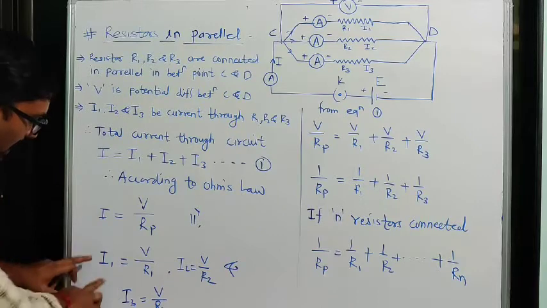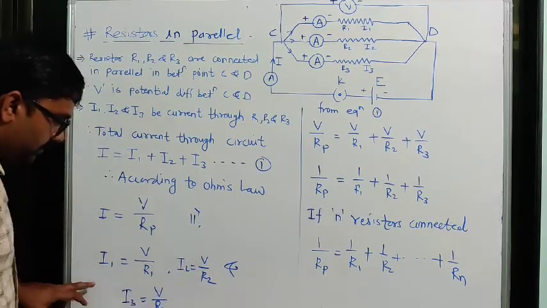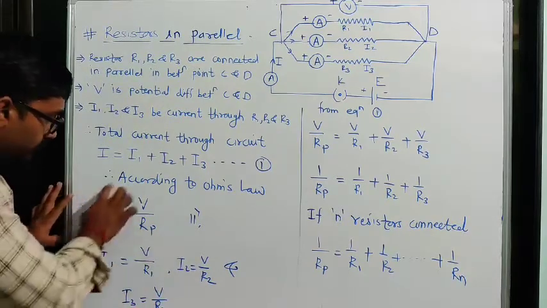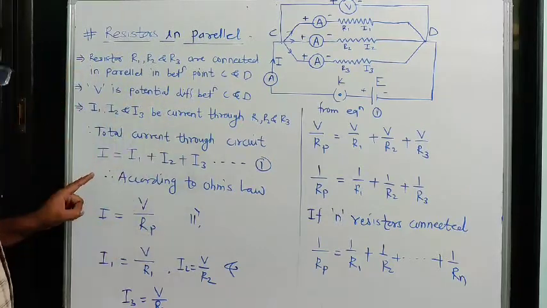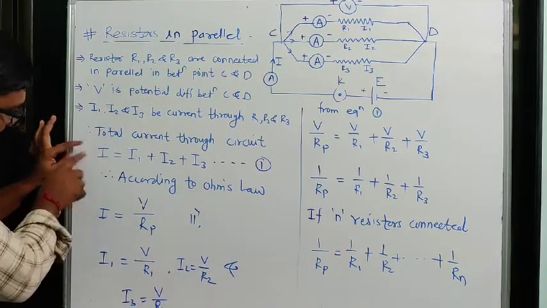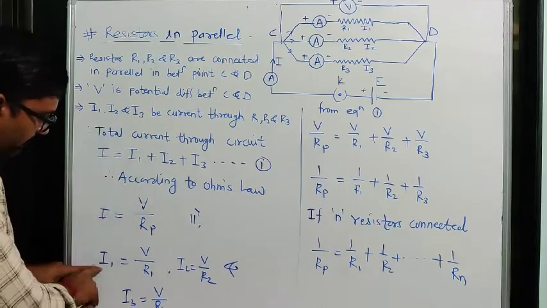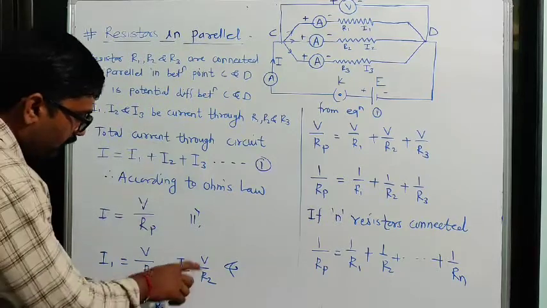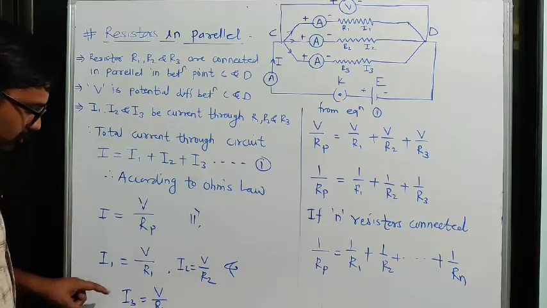Then I1 will be equal to V by R1, I2 V by R2, and I3 V by R3. So we have to put these values in equation number 1. Instead of I, we put V by Rp. Instead of I1, we put V by R1. Instead of I2, we put V by R2, and instead of I3, we put V by R3.